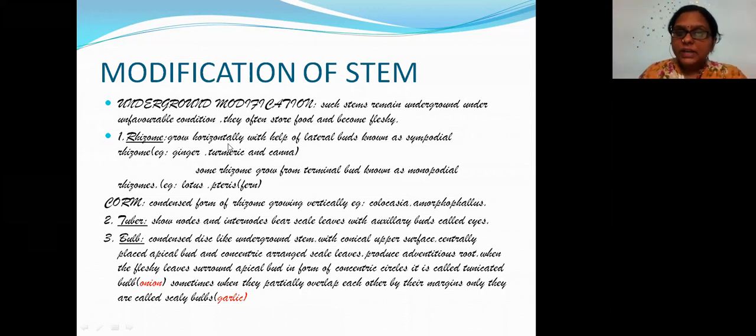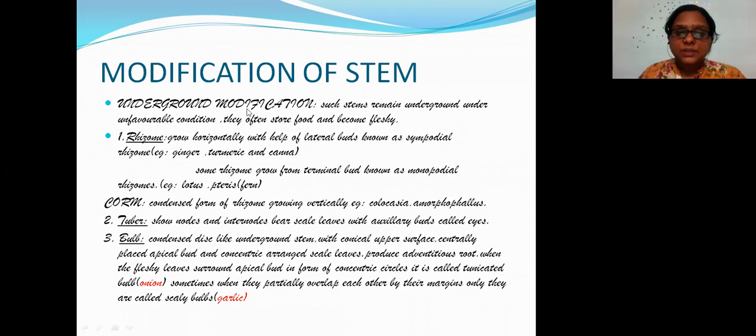Rhizome grows horizontally with the help of lateral buds, known as sympodial. Students, you have a sympodial rhizome and a monopodial rhizome. In your 12th standard, it is only rhizome, with examples like ginger and turmeric; more than that we don't learn in 12th standard. But when it comes to NEET, you have to emphasize two types of rhizome as well, sympodial and monopodial.